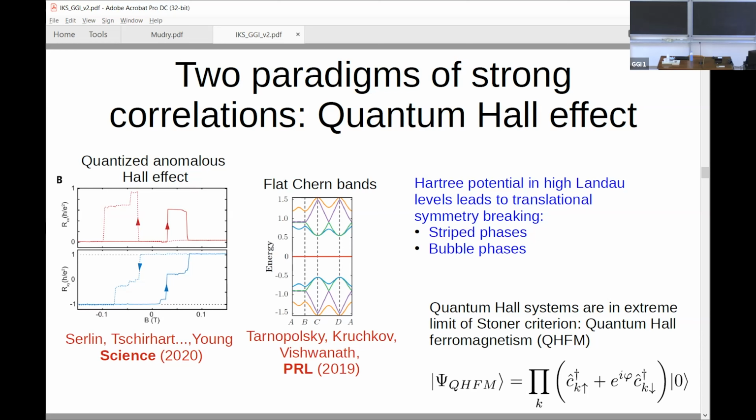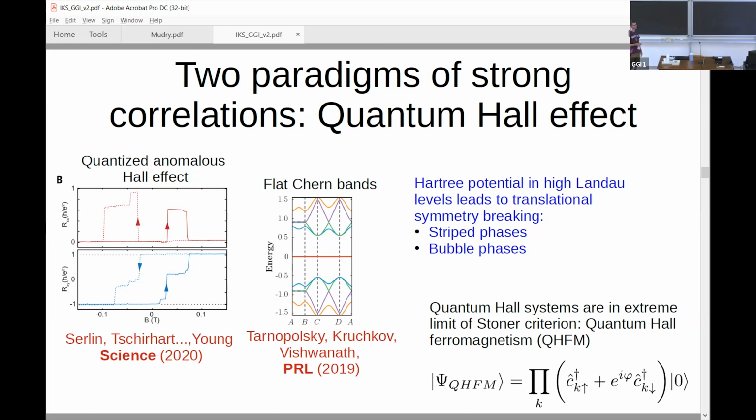And furthermore, as I briefly mentioned before, in the chiral limit, you end up with these exactly flat Chern bands with wave functions that look just like the wave functions of the quantum Hall effect on the torus. And again, there's a certain limit of the quantum Hall effect where we find translational symmetry breaking, especially when you go to higher Landau levels, where the interactions are modified, and you get various striped and bubble phases.